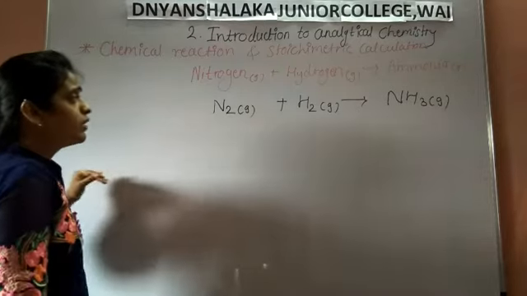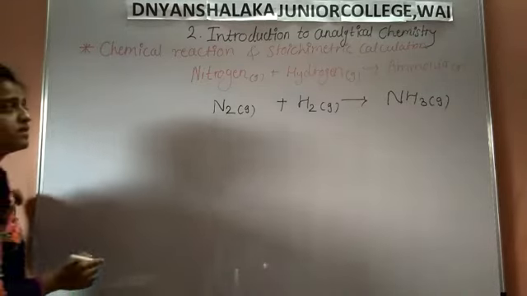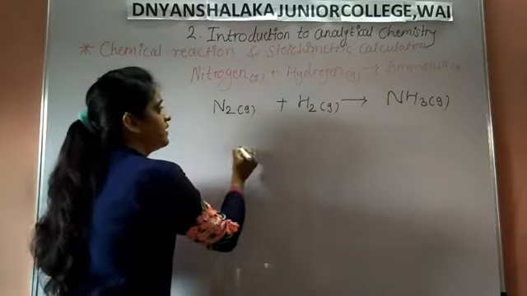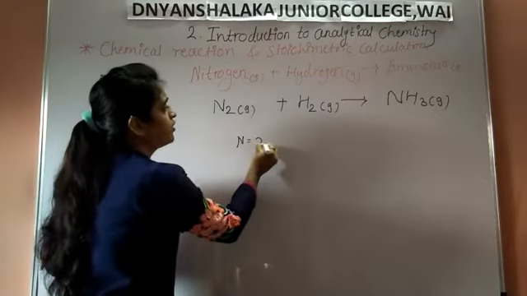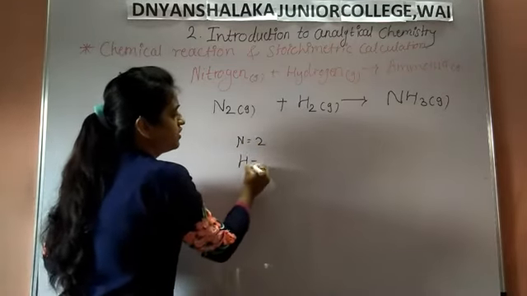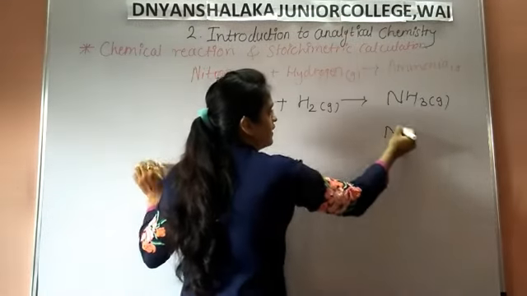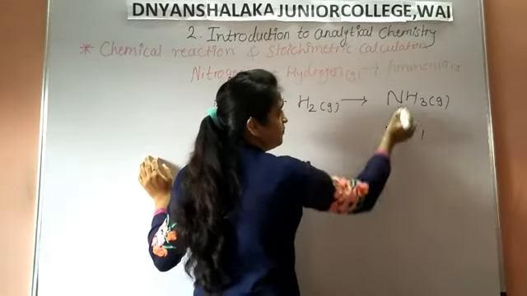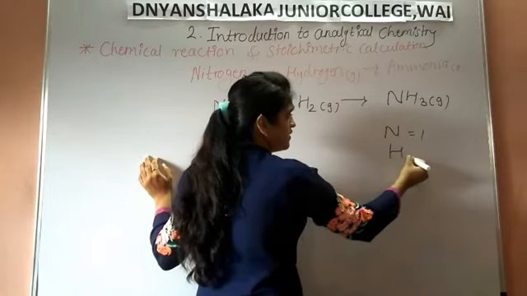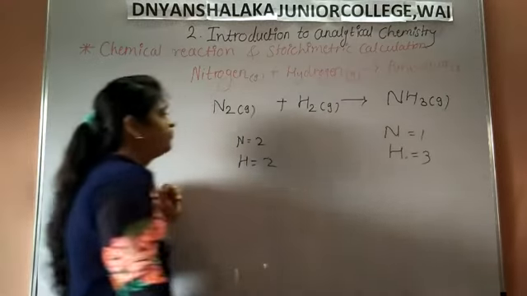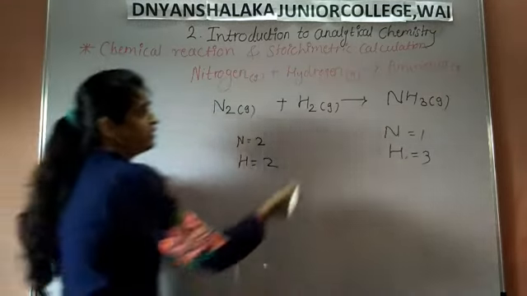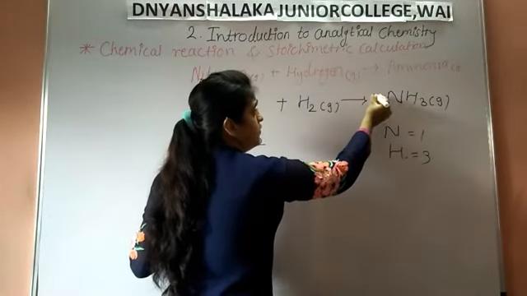So we put a whole number to balance this equation. On the left-hand side, nitrogen is 2 atoms and hydrogen is 2 atoms. On the right-hand side, nitrogen is only 1 atom and hydrogen is 3 atoms. So on the right-hand side we put a 2.